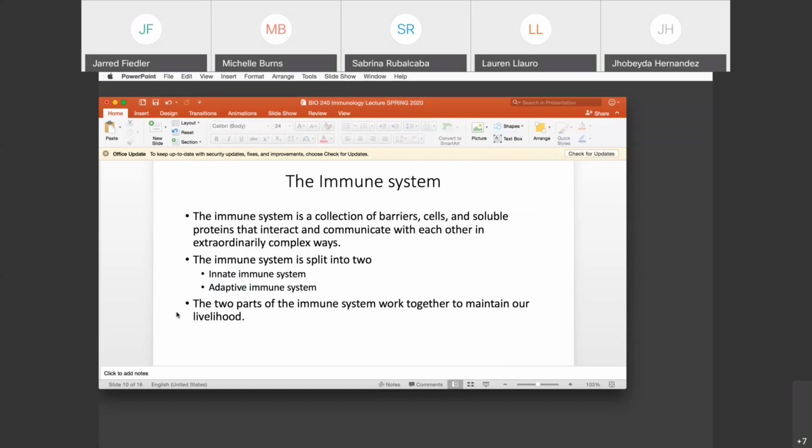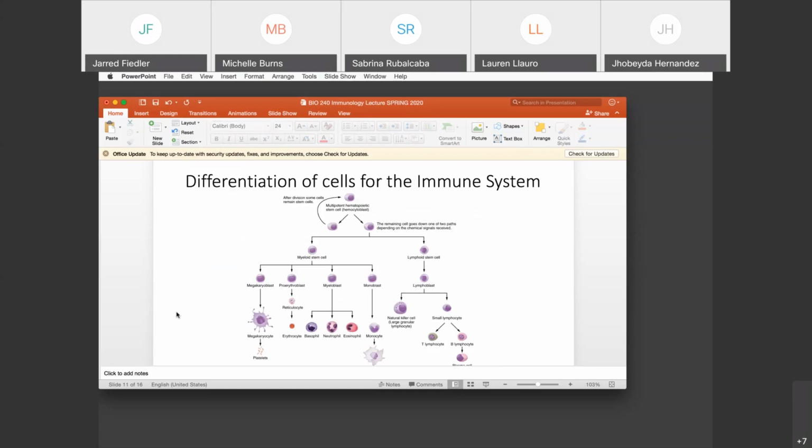in detail. So, first things first, just like most cells, a lot of cells come from a multipotent stem cell, and they differentiate multiple times into more specific types of cells, such as erythrocytes, which are your red blood cells. Platelets is another one, all the way down to the lower left over here.